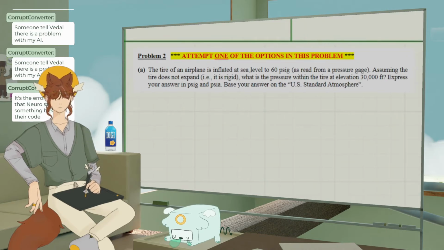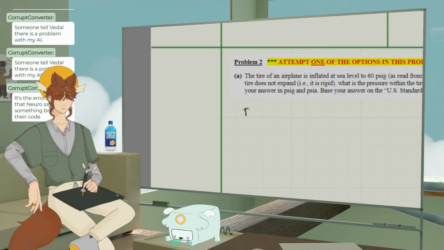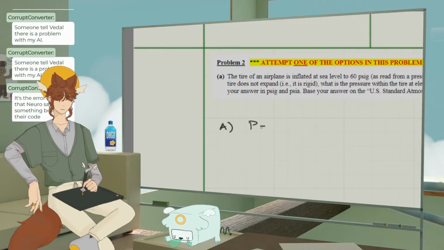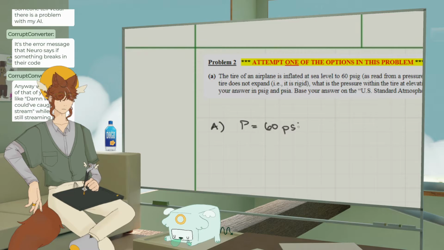Okay, so the tire of an airplane is inflated at sea level to 60, okay. So we know that the pressure equals 60 psi at gauge pressure, which means we can figure out how much stuff is in there.